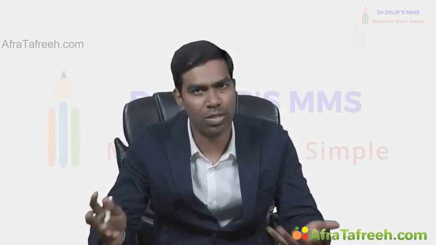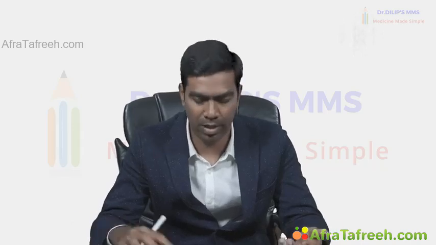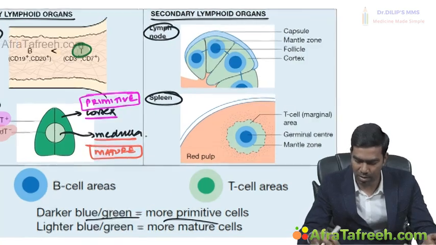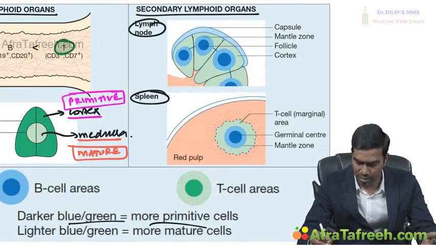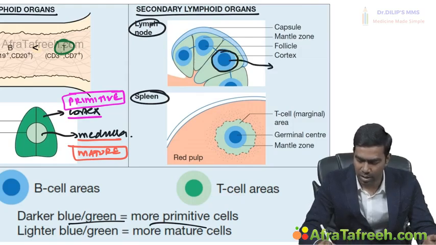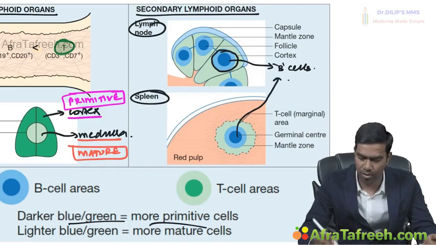Similarly, in the secondary lymphoid organs, you are going to see mostly mature cells only. What you are seeing here are the T cell areas and the B cell areas. These are the follicles. In the follicles you can typically see the B cell zone, and similarly in the follicles of the spleen you see the B cells.